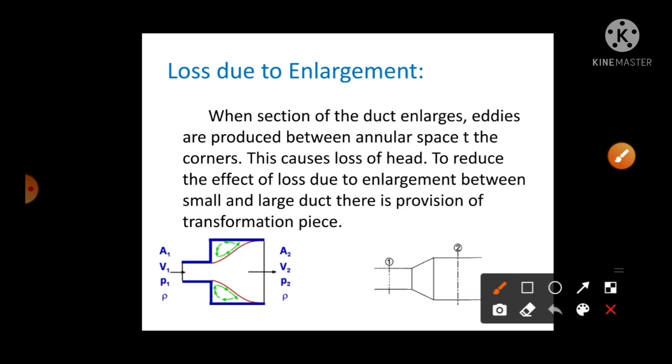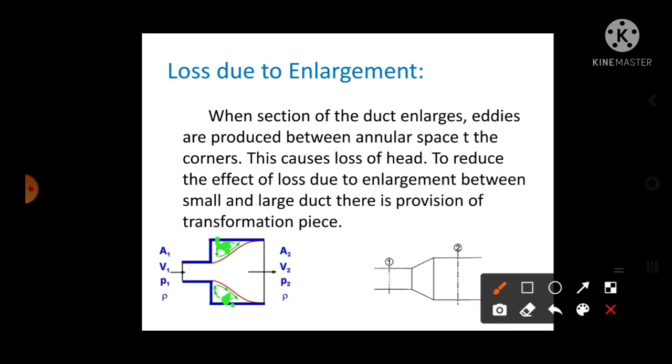Here the eddies are formed, which cause pressure loss. When the section of the duct enlarges, the eddies are produced in the annular space at the corner. This causes loss of head.